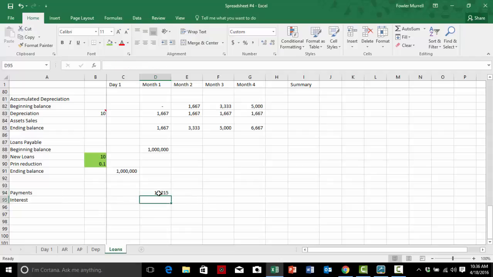Interest. So this is payment. Now what is the interest that we are being charged for this loan? Well, it's based on what the outstanding balance is at that period of time. Interest equals principal times rate times the time. So this is the principal, this is the rate, and the time is 1 month.